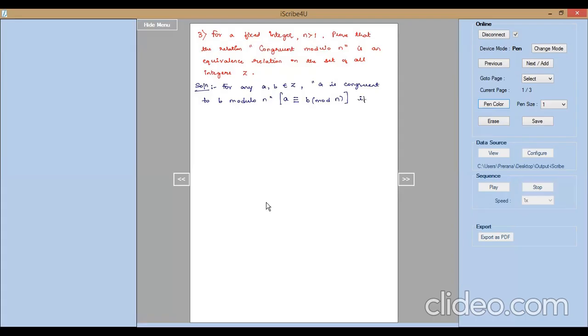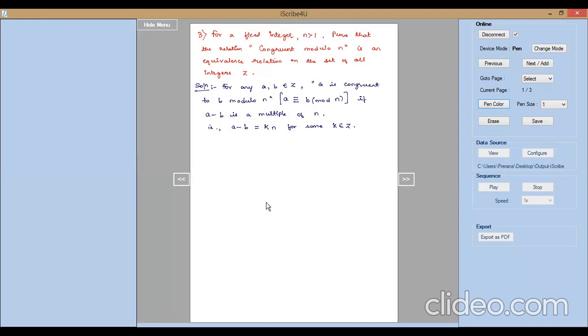If a minus b is a multiple of n, that is a minus b is equal to k into n for some k belonging to set of integers. Z represents the set of integers.